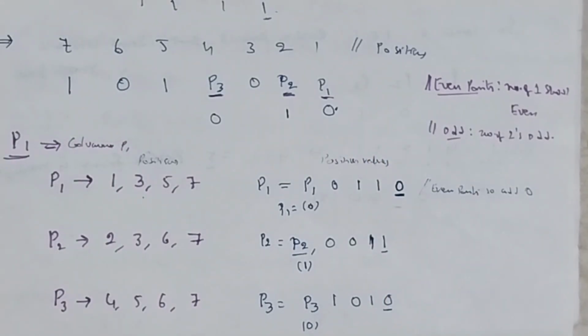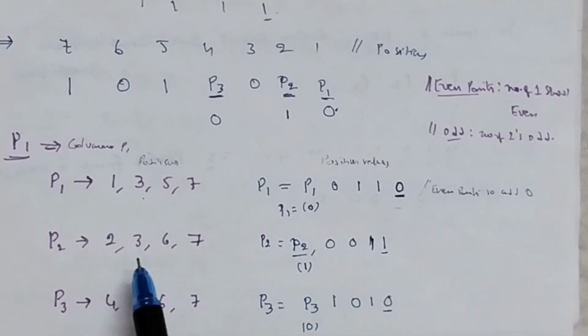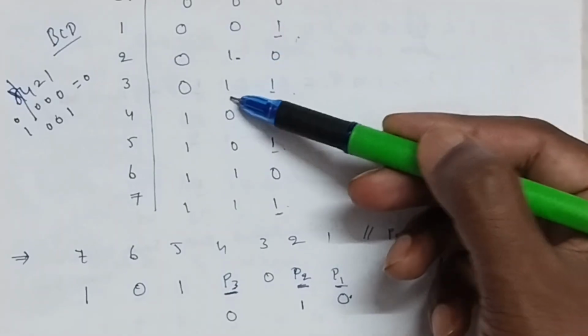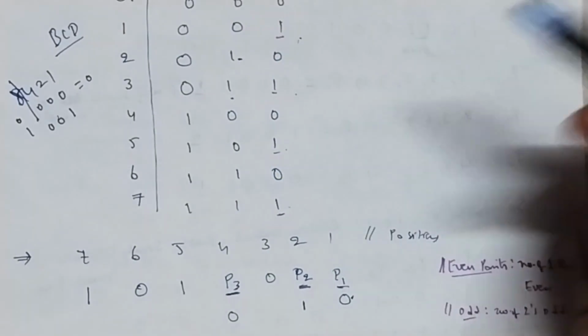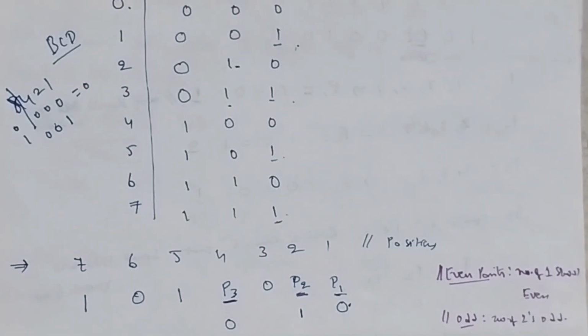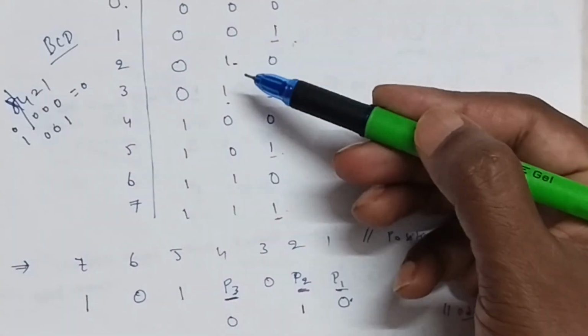Okay, and what is the P2 value? Here for P2 the positions are 2, 3, 6, 7.